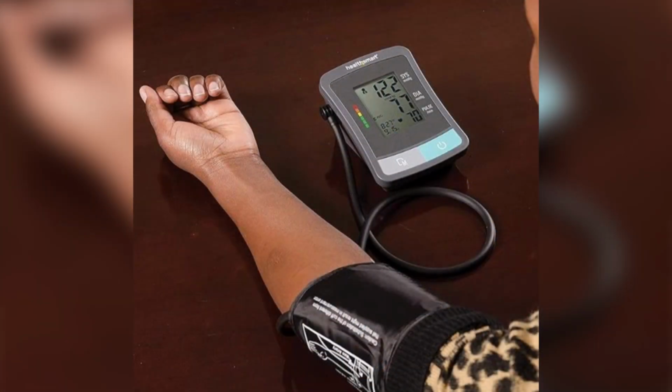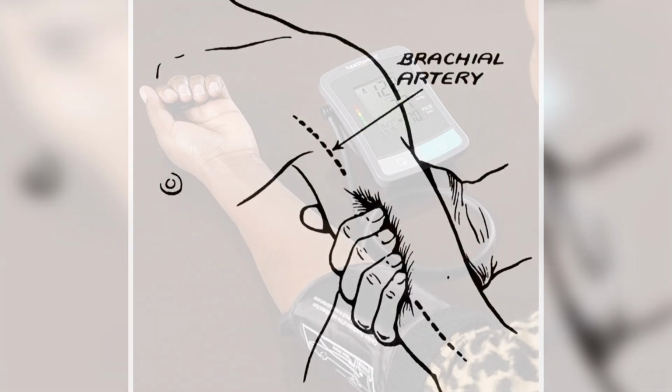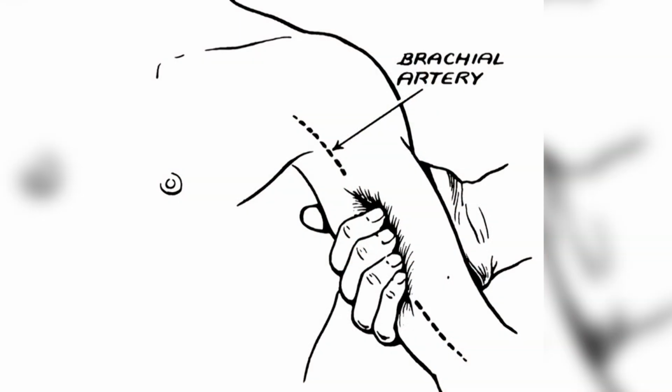Now, a blood pressure monitor usually reads blood pressure from the brachial artery, one of the large arteries located in the upper arm, which is the major blood vessel used for measuring blood pressure.